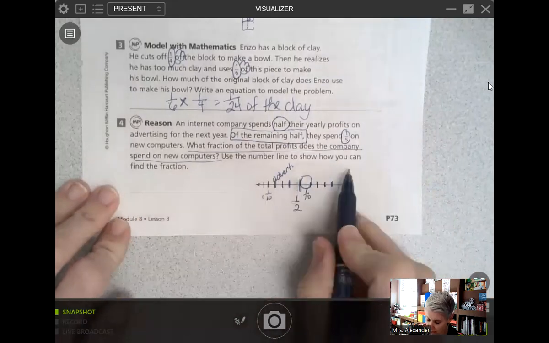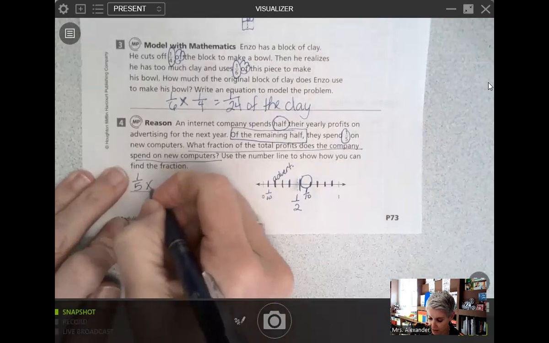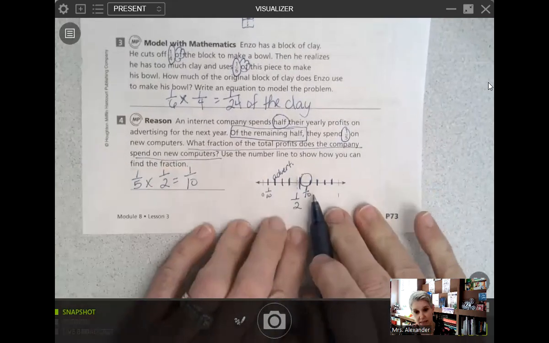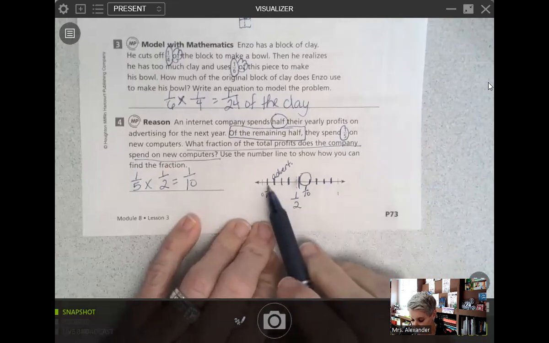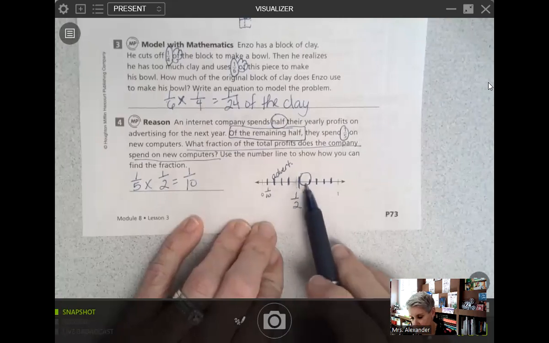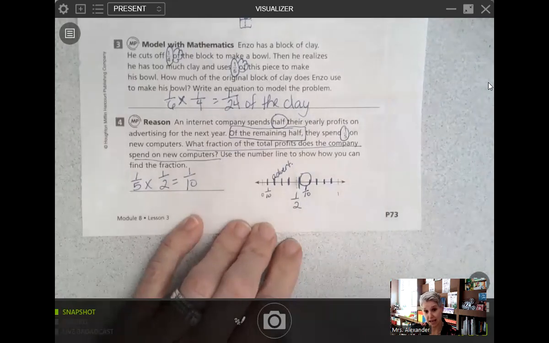So we have a number line. What I did was 1/5 of 1/2 on that number line equals that 1/10. Now, I know that in class we've been doing 1/10, 2/10, 3/10, 4/10, 5/10, 6, 7, 8, 9. We've been labeling them and counting on as tenths.